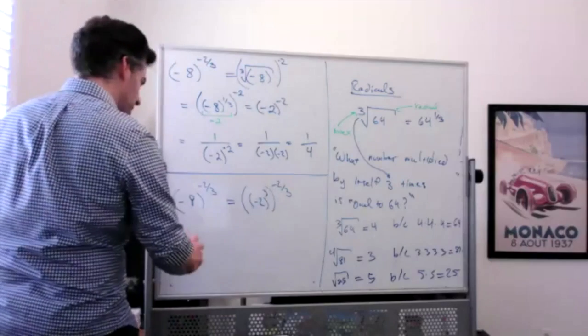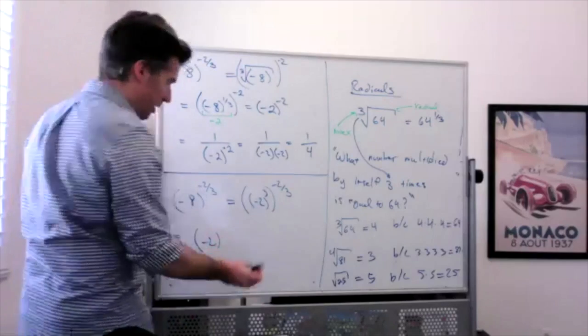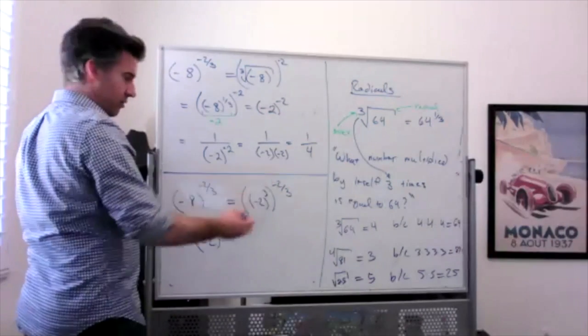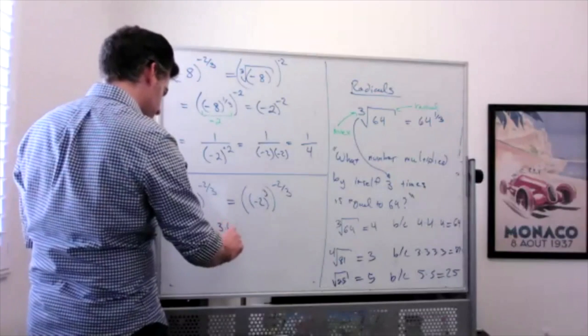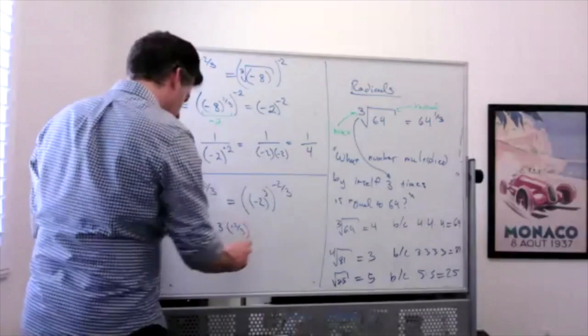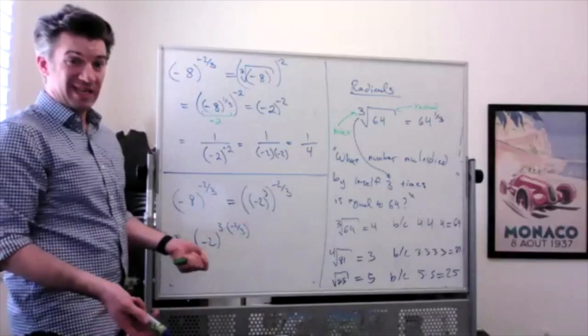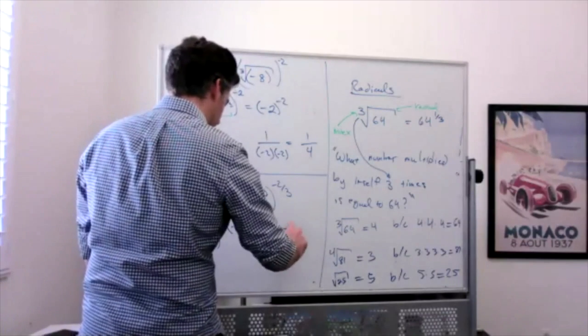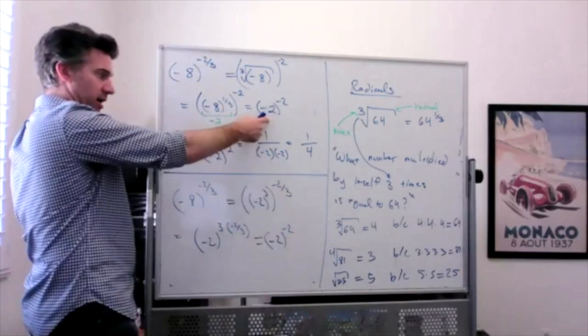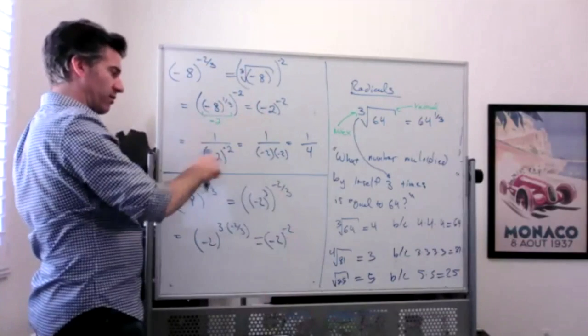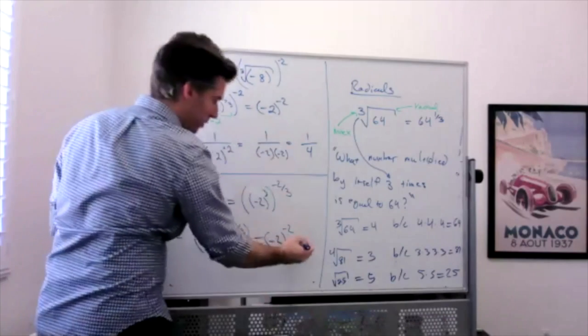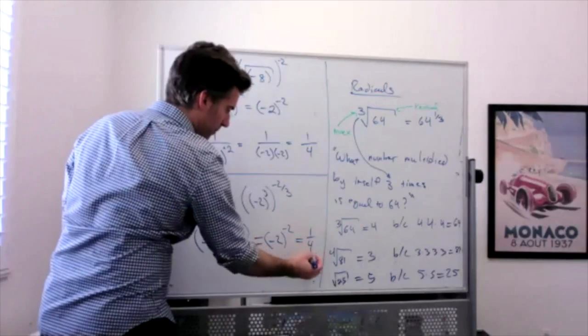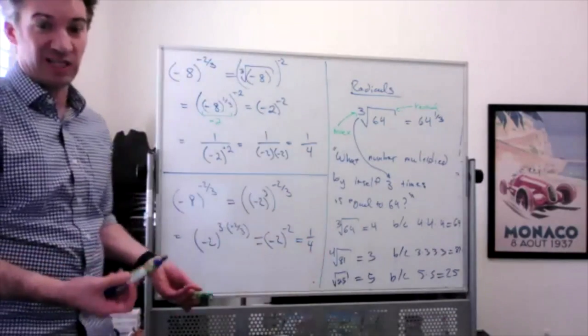So this is going to be -2 to the 3rd times -2/3. 3 times -2/3 is -2. So I get -2 to the -2nd power, and I'm back in this spot here. That's equal to 1 over -2 squared, which is 1/4. So either way of imagining is perfectly fine.